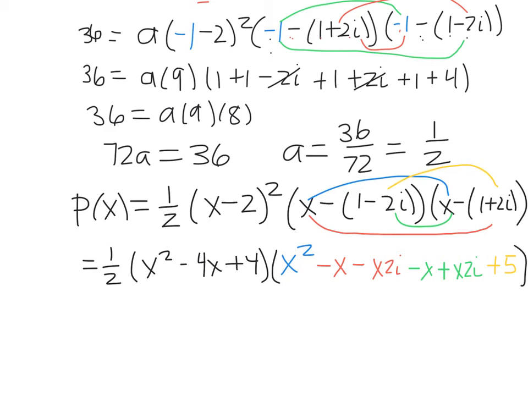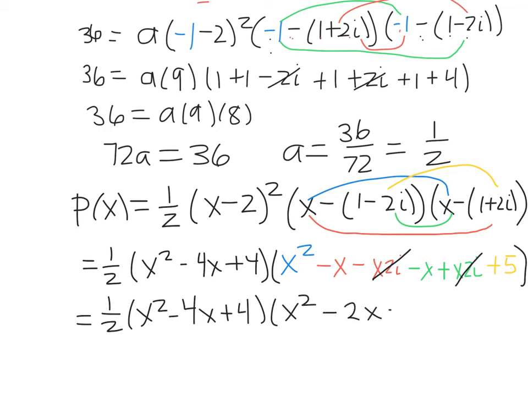Now we see that the terms with the x and the i's are going to cancel each other out. So we end up with 1/2 out in front, x squared minus 4x plus 4 times this quadratic, x squared, combine those x's, we get minus 2x plus 5.